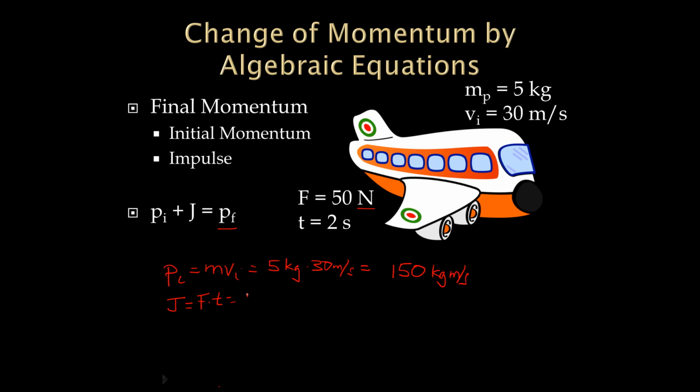In this case, 50 newtons times 2 seconds gives us 100 kilogram meters per second. Add those up, and our final momentum is 150 plus 100, 250 kilogram meters per second.